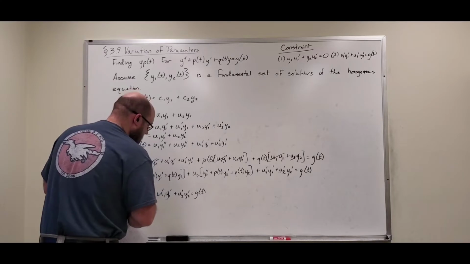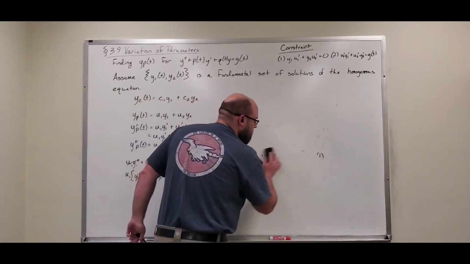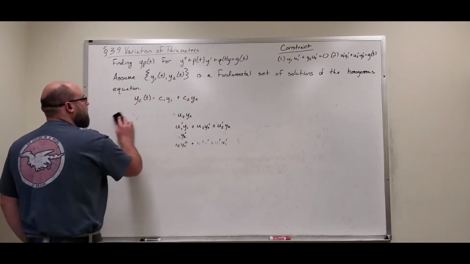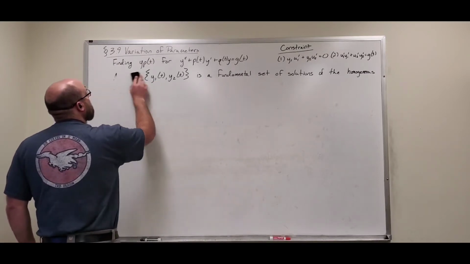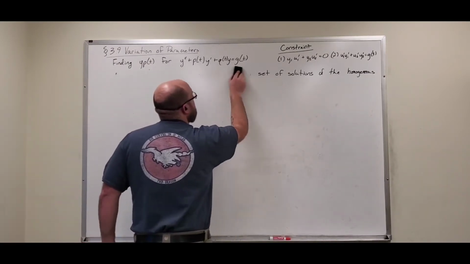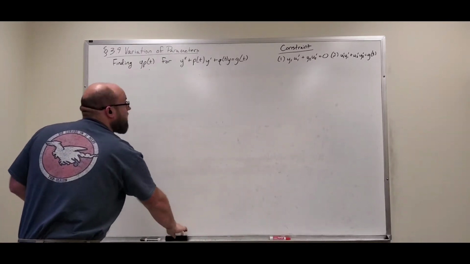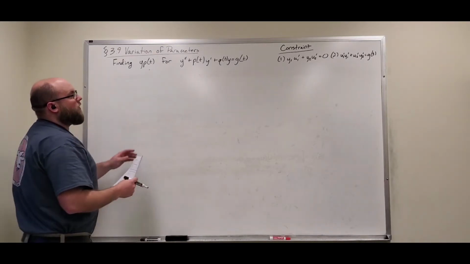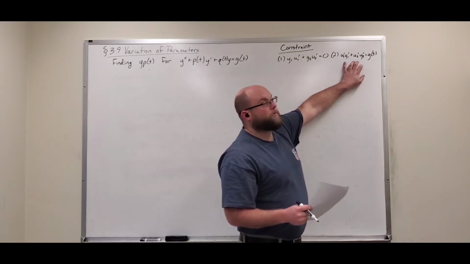All right, so I'm going to erase here. So this is where our calculation is coming from. All right. So look at that. We have a system of linear equations actually with two unknowns. Because we're assuming that we know y1 and y2. Therefore, we would know their derivatives.